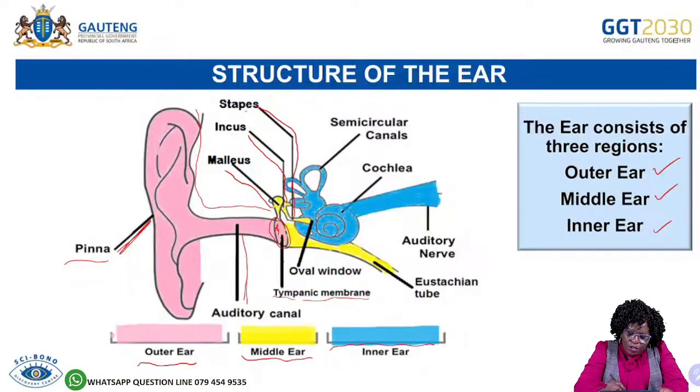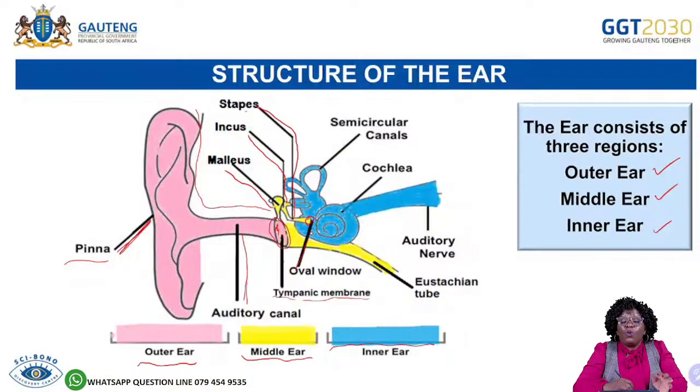If you check, you will notice that we do have some windows on our ear, but not the windows that we use to get ventilation in our houses. We have got an oval window, and the oval window is very close to the stapes.